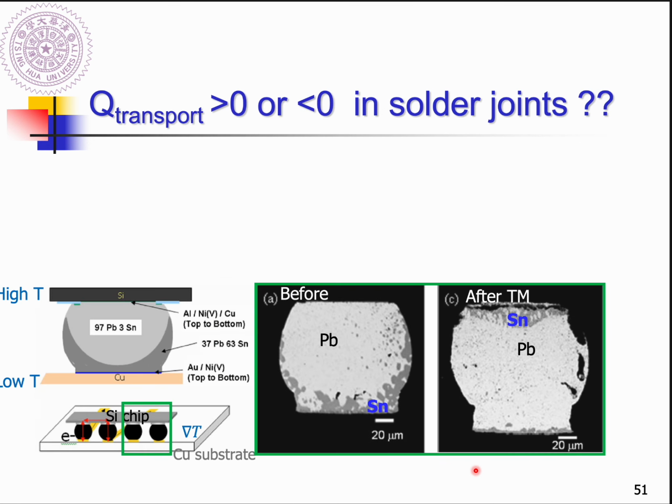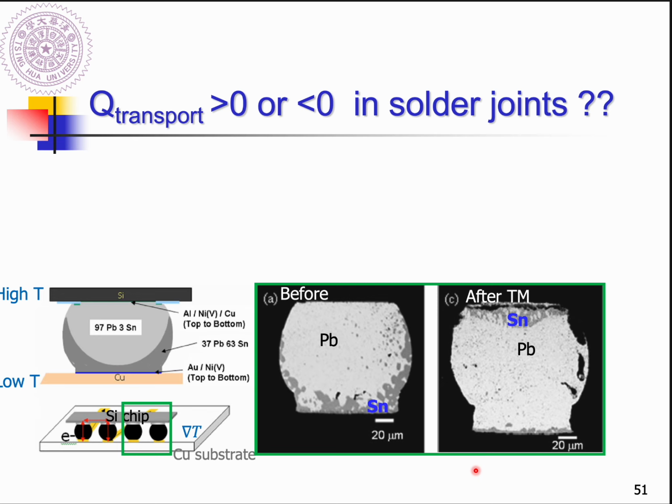Okay. So next, we also give you some examples that really happen in the semiconductor industry. These are more like case studies, because the heat of transport and thermal migration are very important in the solder bond. Especially people focus on lead-free solder bonds, fabricating a lead-free solder bond.